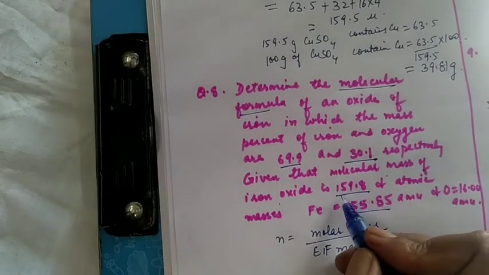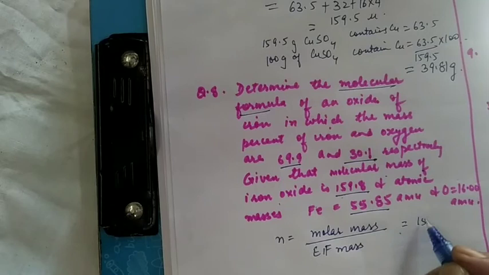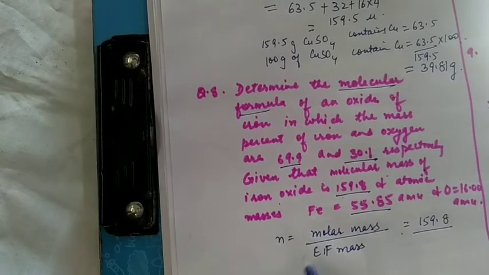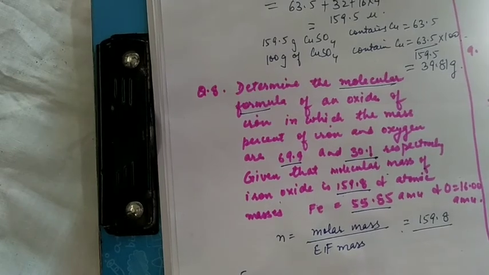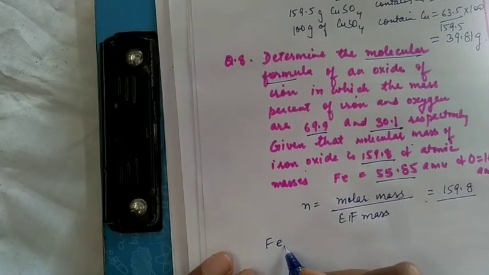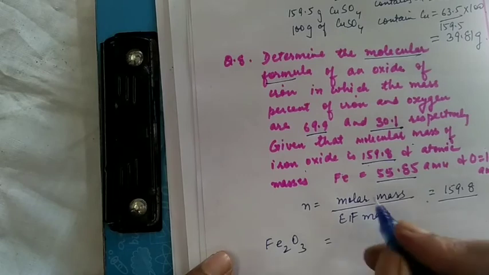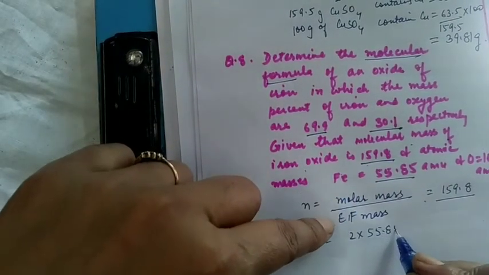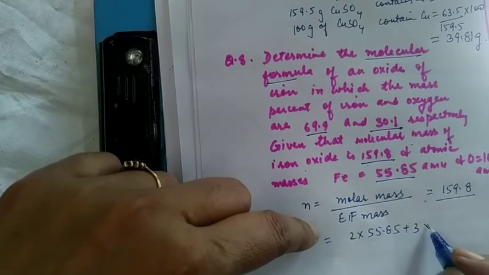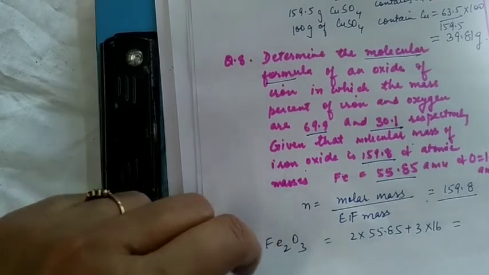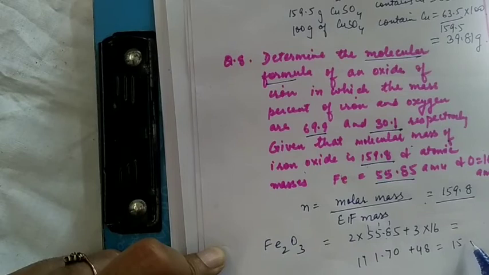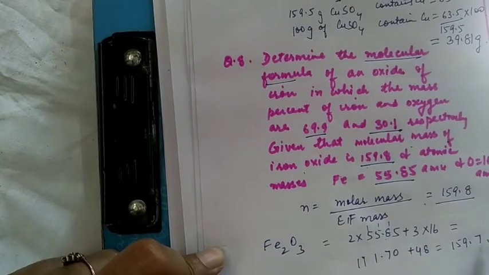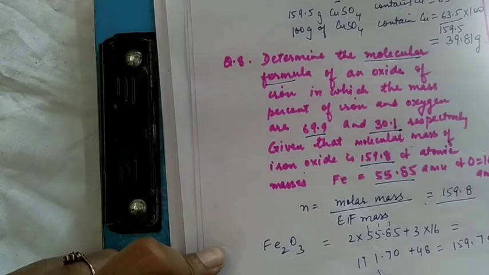Molar mass is given 159.8 and empirical formula mass will be, because empirical formula is Fe2O3, so this is 2 into 55.85 plus 3 into 16, which is 159.7.